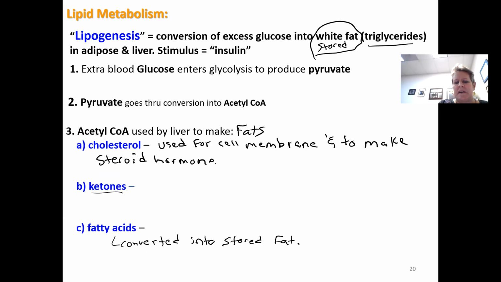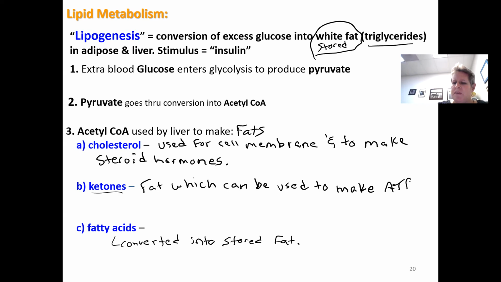Those are hormones like estrogen, testosterone, progesterone. Now, acetyl-CoA is also used to make ketones, which are fat, which can be used to make energy. I'll say to make ATP. And we'll talk about that a little bit more on the next slides.